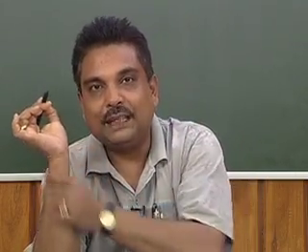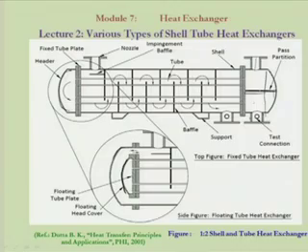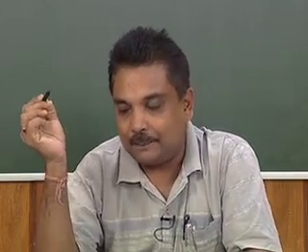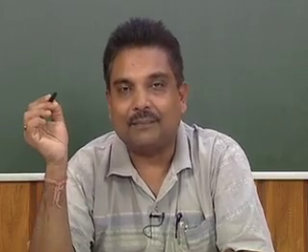So, when we put a pass partition in the tube side, the tube side fluid element will be in the exchanger twice. Similarly, we can increase the number of partitions. And for the shell side also we can have pass partition plates, which we will see later.